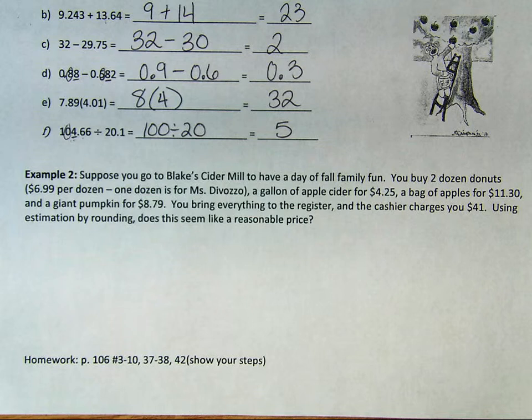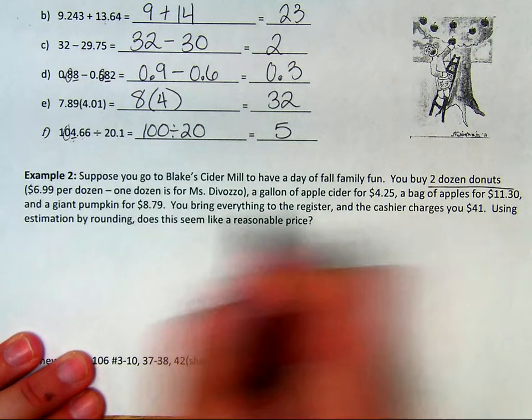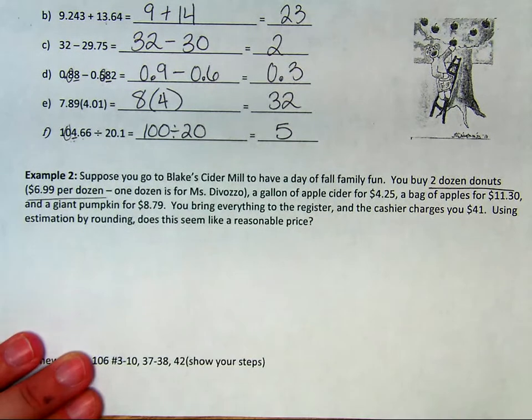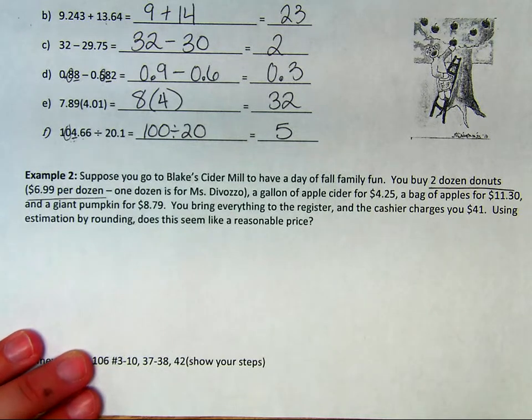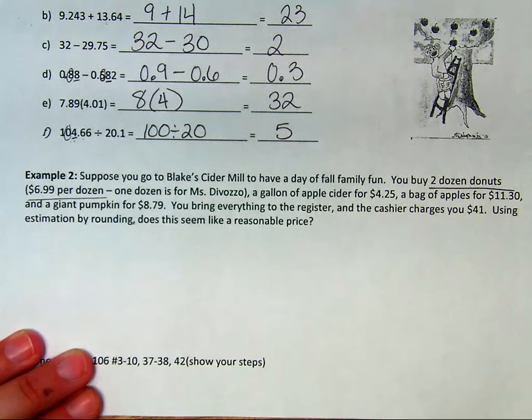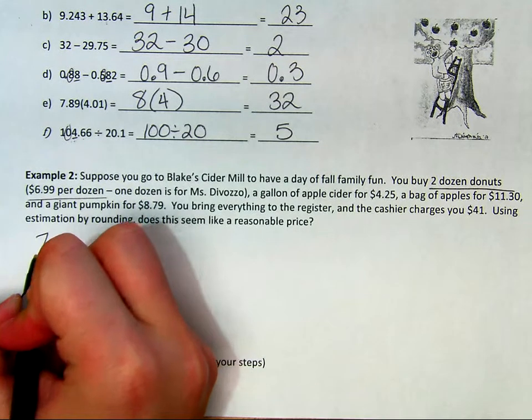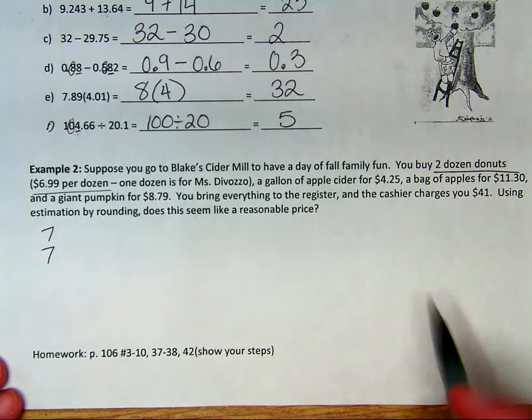Well, let's estimate, just to get an idea of if the cashier is charging us a reasonable price. So I bought 2 dozen donuts, $6.99 per dozen. If we round it to the nearest dollar, that's pretty close to $7. And I have 2 dozen, so I have 7 and another 7 for donuts. And then a gallon of apple cider is $4.25.